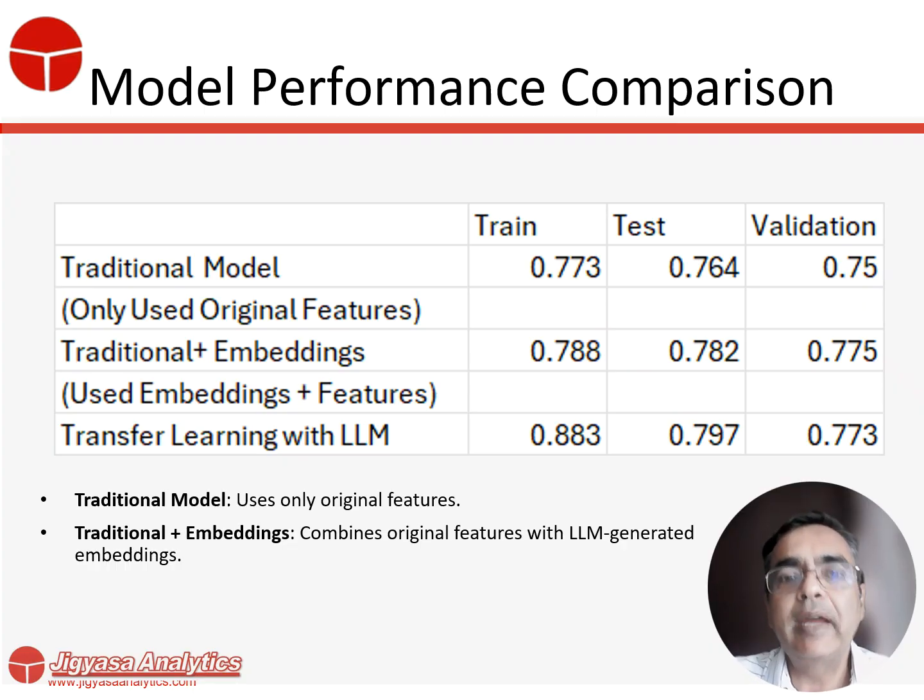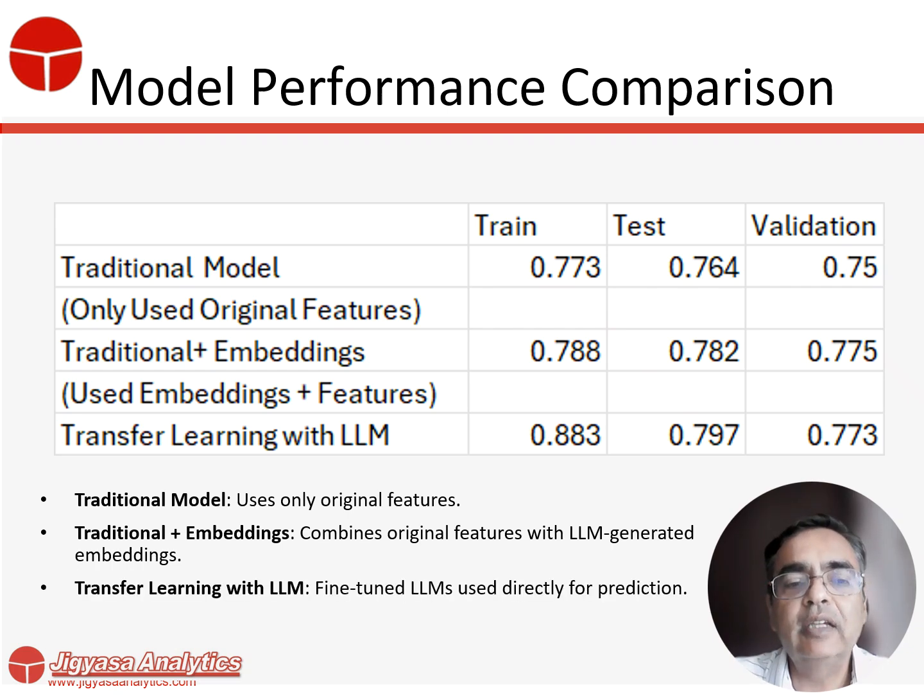Traditional plus embeddings is when we take those original features plus large language model generated embeddings, which are added as additional predictors. And transfer learning with large language model is essentially when we have fine-tuned the large language model directly and then used it to predict credit risk.